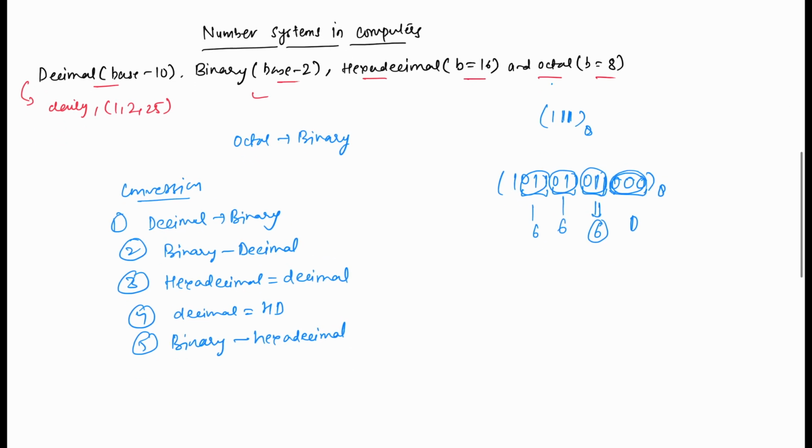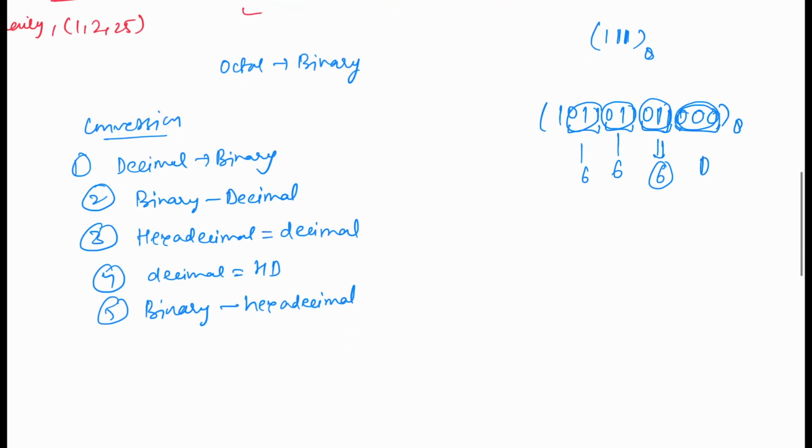If you have to convert a binary number into a hexadecimal number, suppose there's a number like this one, and they say that this is a binary number to be converted to a hexadecimal number, then you will make groups of 4 bits because it's a hexadecimal number. As you see, these 2 digits are left alone, so you'll add 2 zeros to it on the left hand side, not on the right hand side.